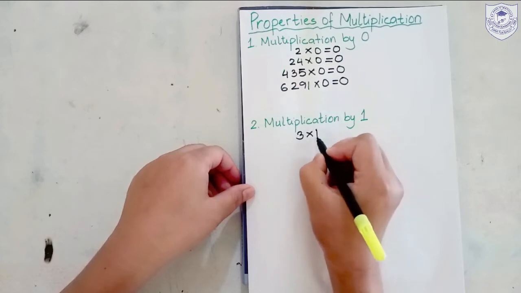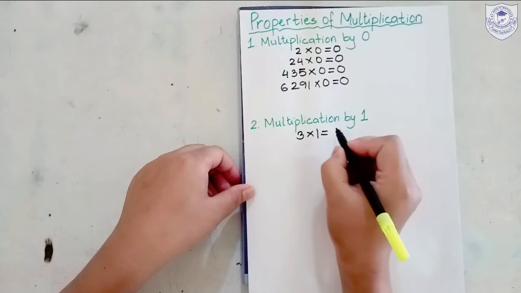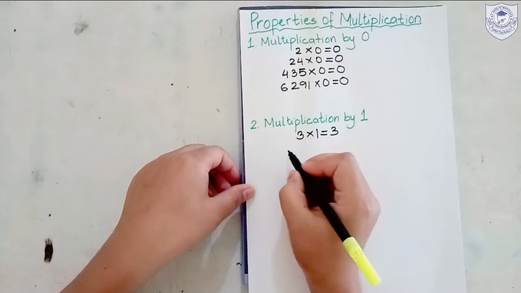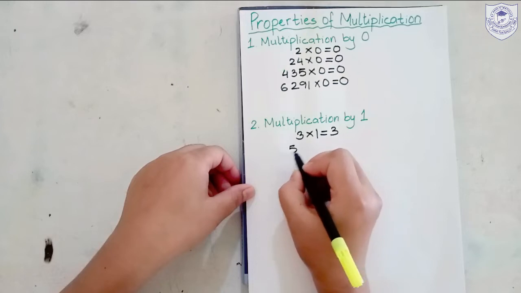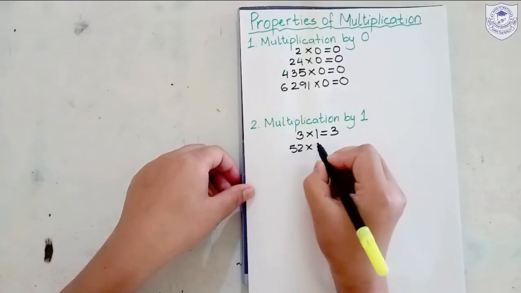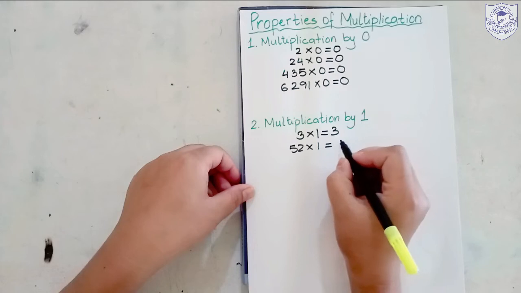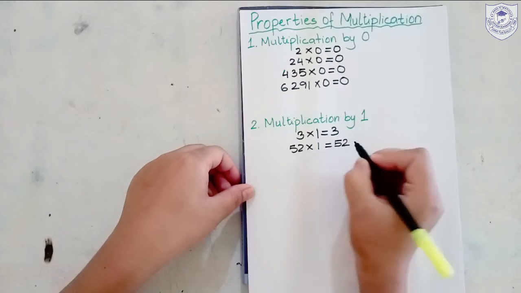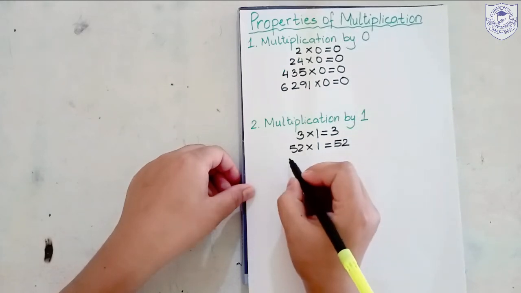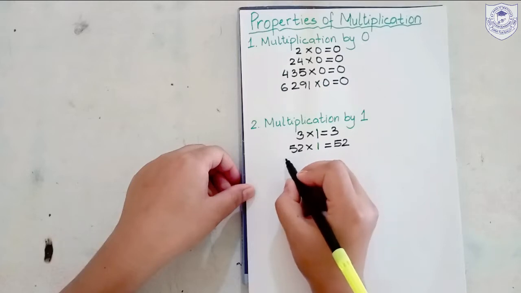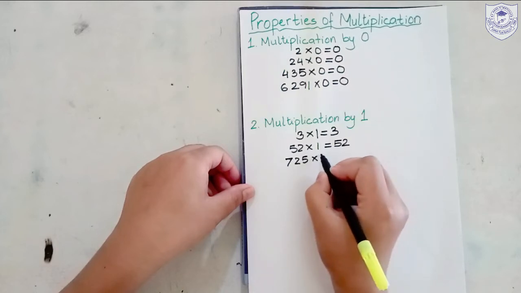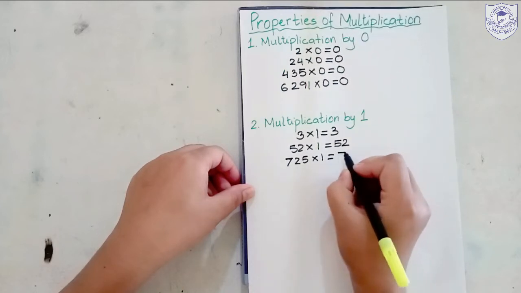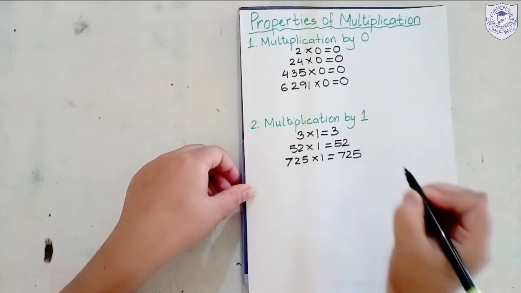Here 3 into 1 is how much? Yes, it is 3. And if it is a 2-digit number like 52 into 1 is how much? 52. Okay, if it is a 3-digit number, 725 into 1 is 725.